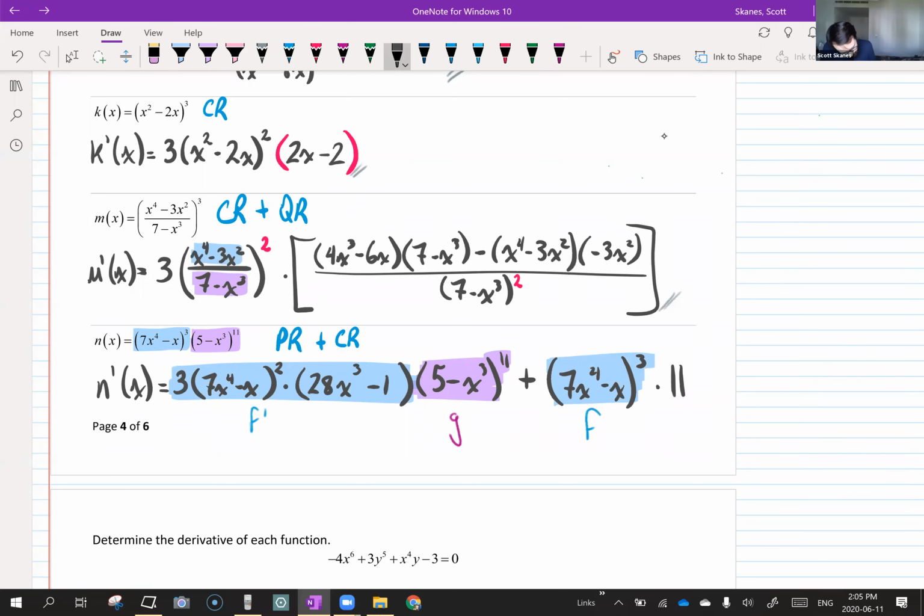Yeah, 11, 5 minus x cubed, 10, multiplied by its chain, which is negative 3x squared.